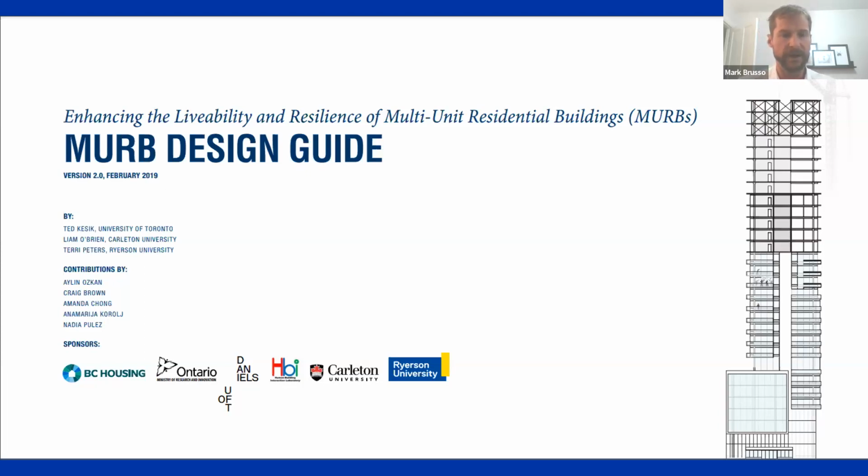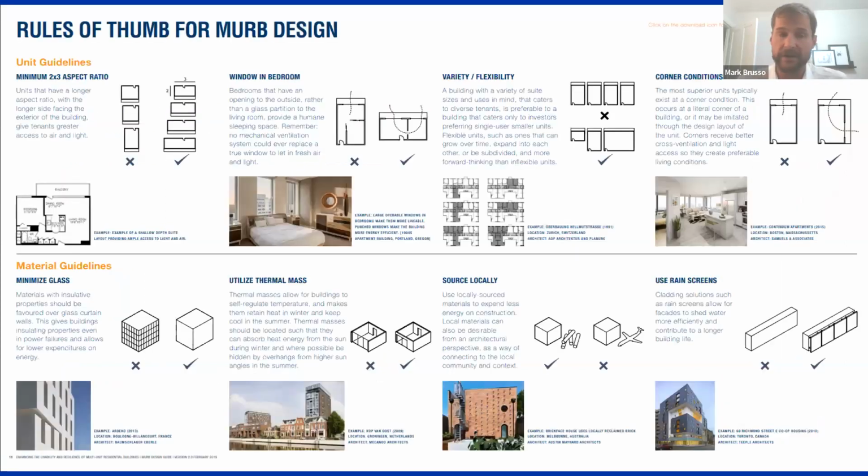What was born out of this crisis was the need for an improved building envelope to counter the effects of these increasing energy costs. So Professor Ted Kesik issued a multi-unit residential building design guide. This is a great resource to take a look at.